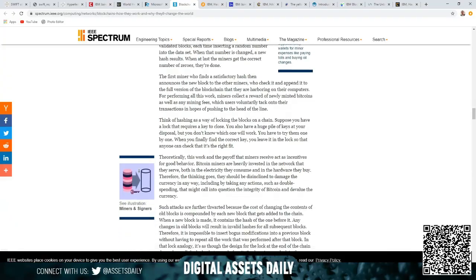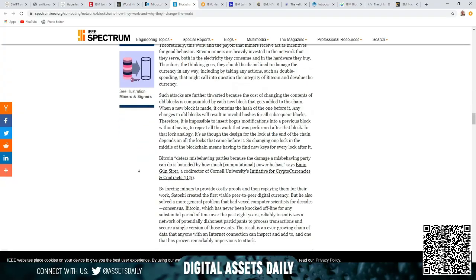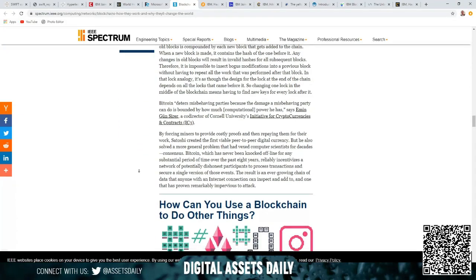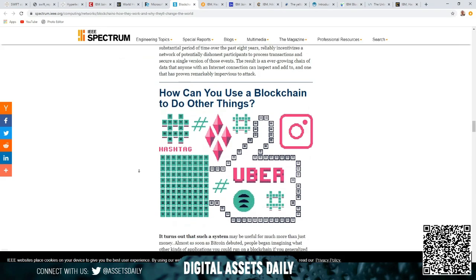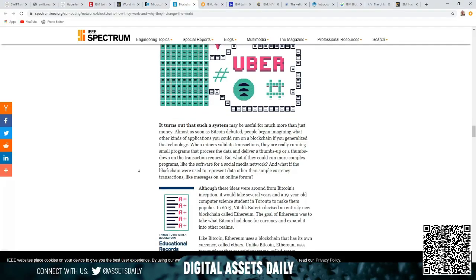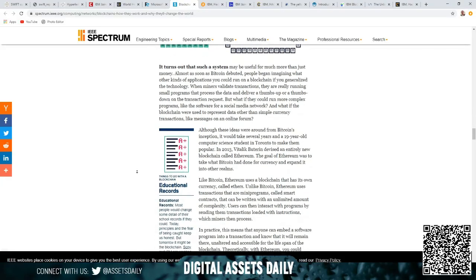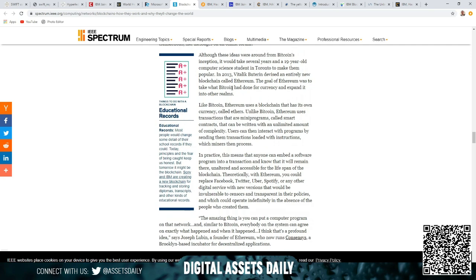I believe there was another section in here. It's a little bit longer, but I'm scrolling a little bit slower for you if you happen to watch your screen. I don't want it to be obnoxious, as I stated before. And here you have in the article, 2013, Vitalik Buterin devised an entirely new blockchain called Ethereum.